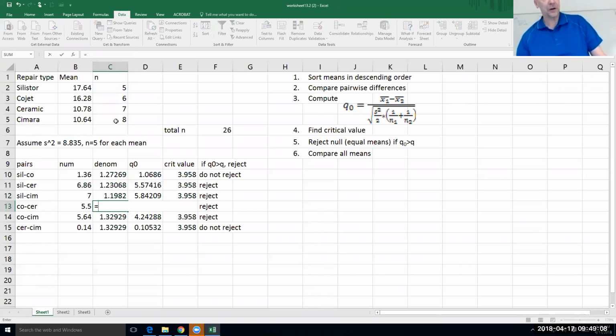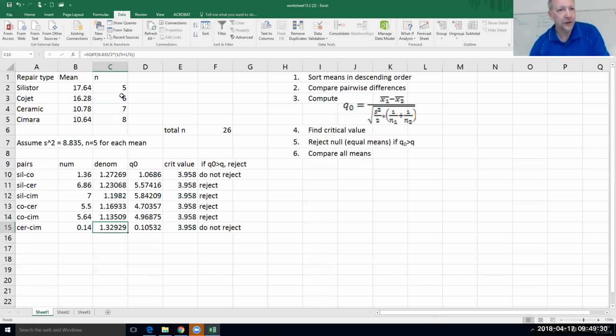This one we're comparing cojet. So this is not going to be 5 anymore. It's going to be 6, and this one's going to be 7. This one's going to be 6 and 8, and this one's going to be 7 and 8.